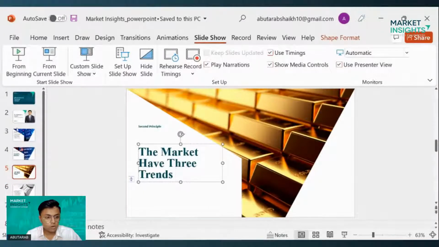The market has three trends, and what are these three trends? The first one is primary, the second one is secondary, and the third one is minor. Not tertiary, it is minor. It is not sectors of the economy that we are teaching here. So remember this: the first one is primary, the second one is secondary, and the third one is minor trend.